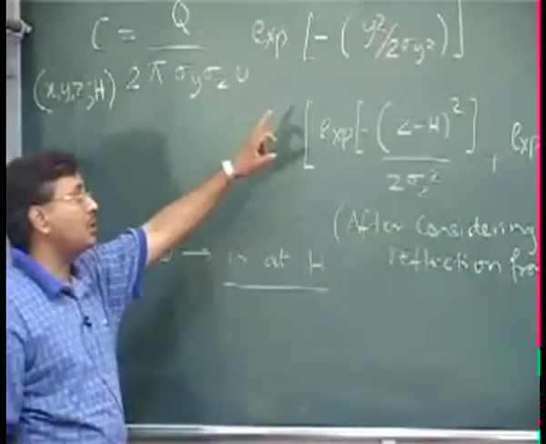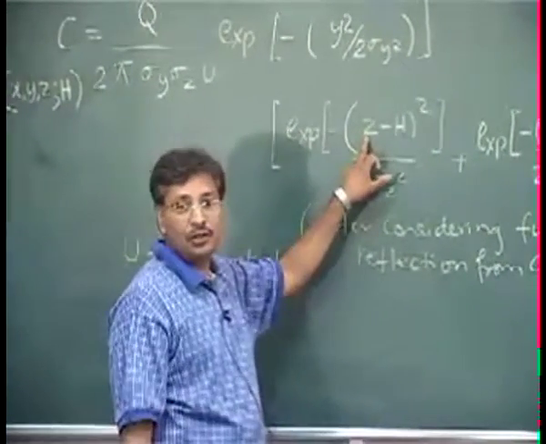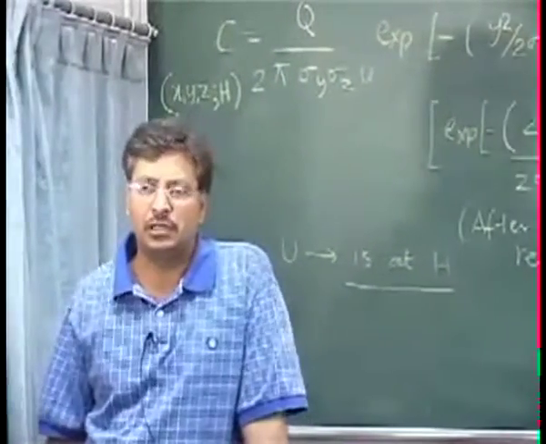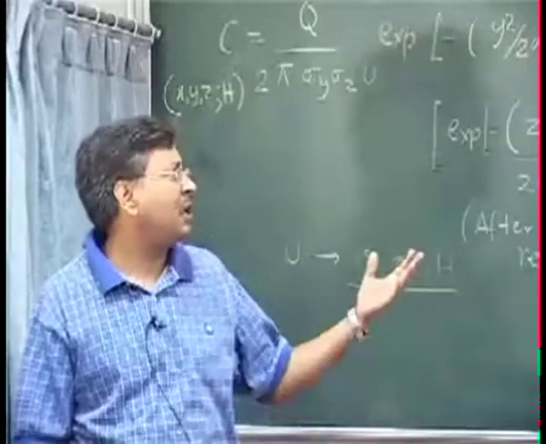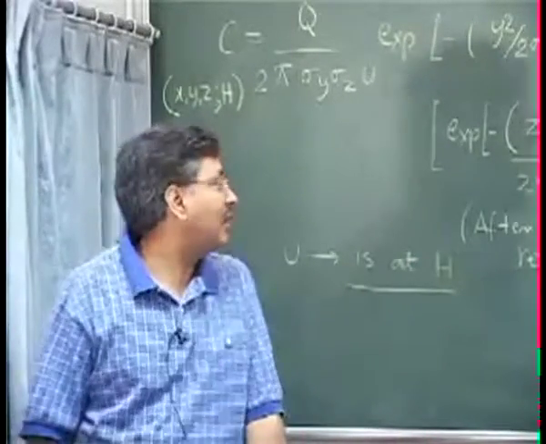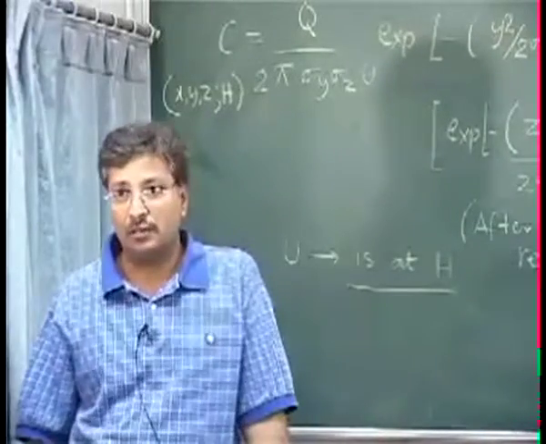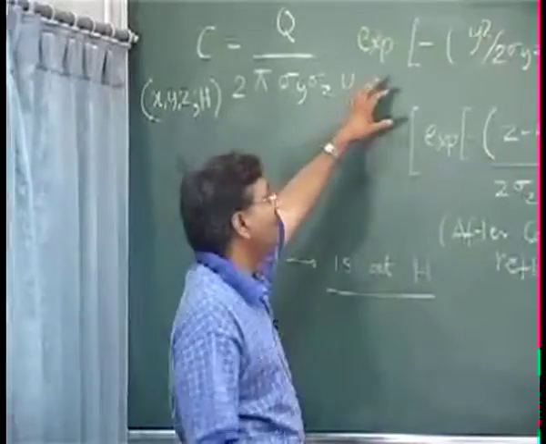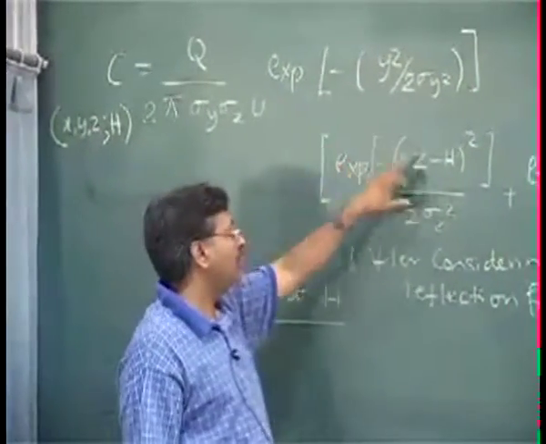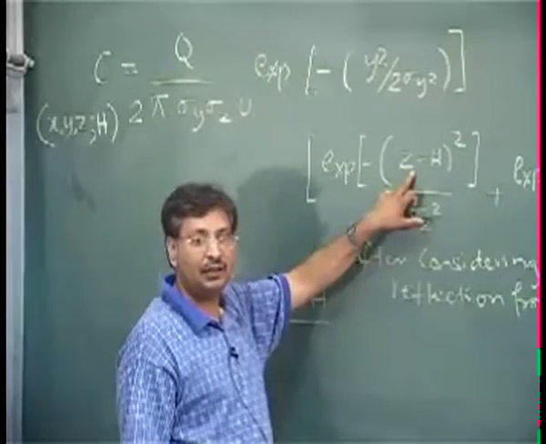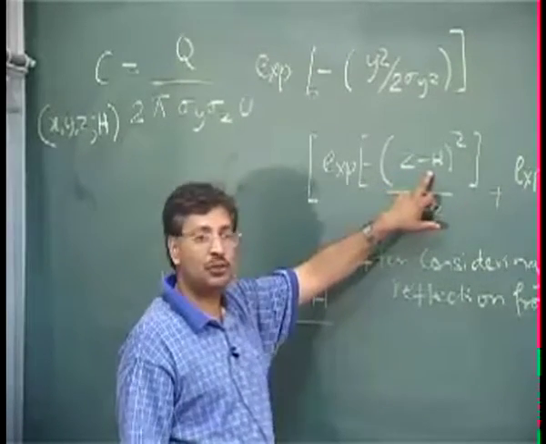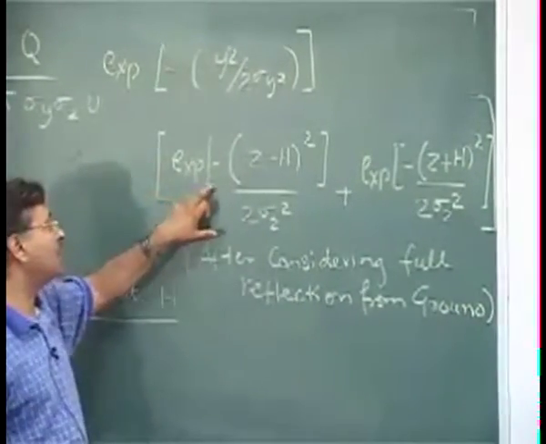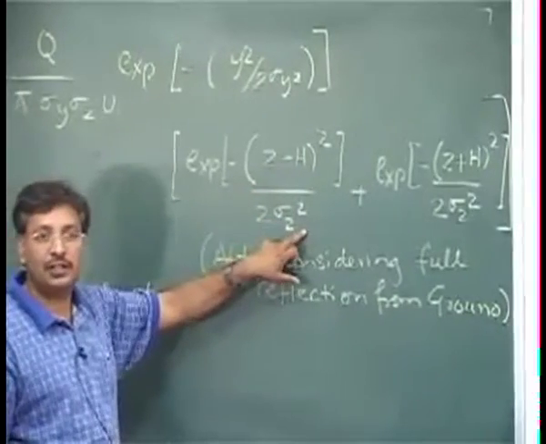So what you do here is put y equals 0 and z equals 0, and you come up with another expression. That expression is most commonly used, because that's where we want to find the ground level concentration, that is when z equals 0 and y equals 0. You can very quickly see this term will disappear. This will become H square, this is also H square, so it will become 2 times exponential of minus H square by 2 sigma z square.